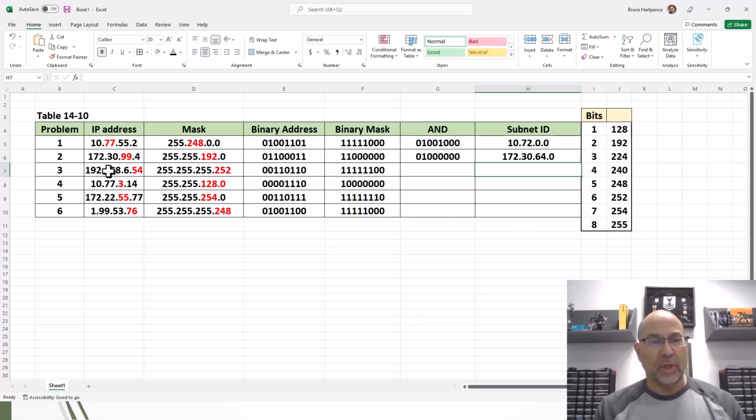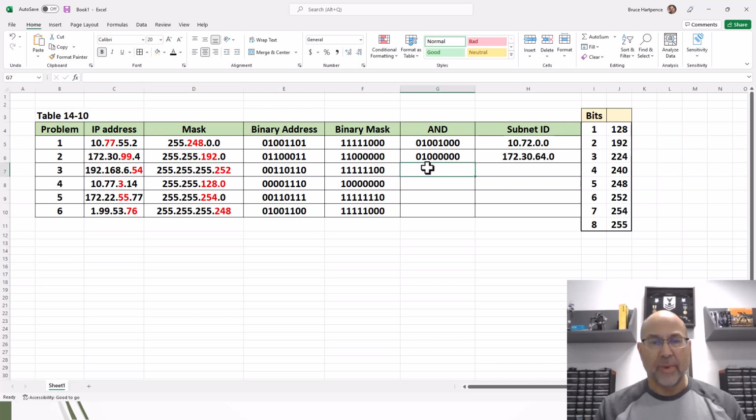In this next one, it looks like we're subnetting a class C network, and the action is in the last octet. Here is 54 broken into binary, and here is the mask, 252. By the way, I included this table over here, so if you steal 1 bit, 2 bits, 3 bits, 4 bits, this is what your pattern is going to be in the octet where the subnetting is happening. If we do the ANDing again, the last two are going to be 0.